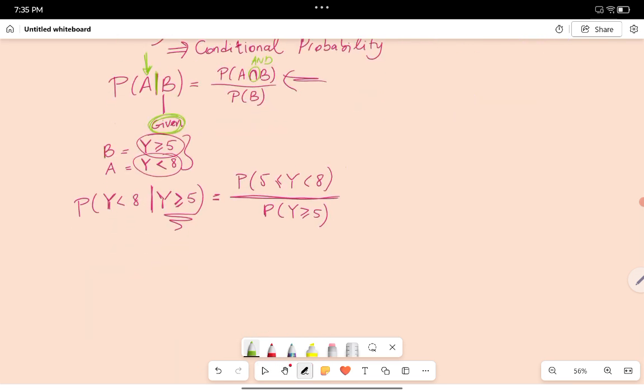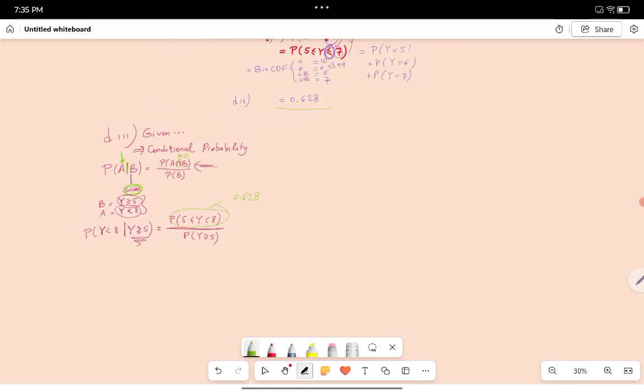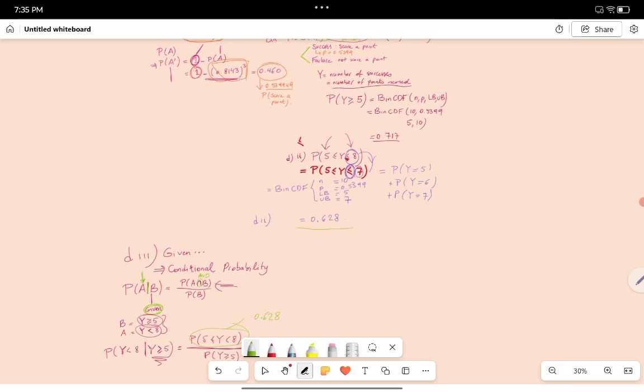So that is this value. And the probability of Y being bigger or equal to 5, we did that in D1. The probability that Ariane scores at least 5 points in the competition. And that was this value, the probability that Y is bigger or equal to 5.